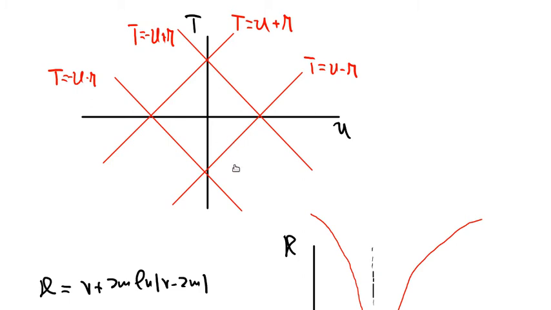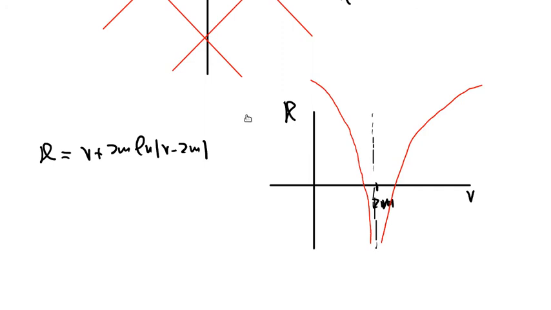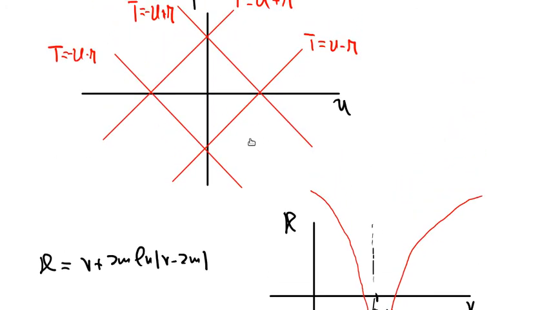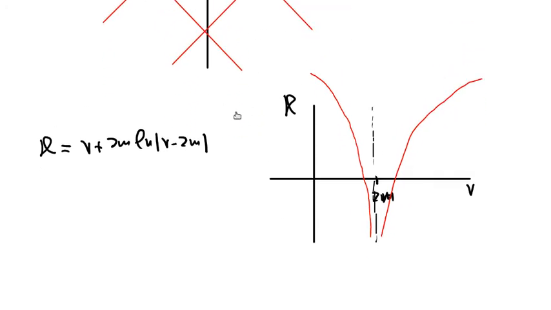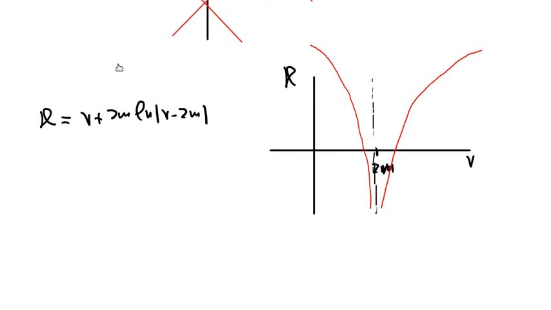We do that in a similar fashion as we did with Minkowski, just by computing the following limits. We study the value of big R when it approaches each of the lines.